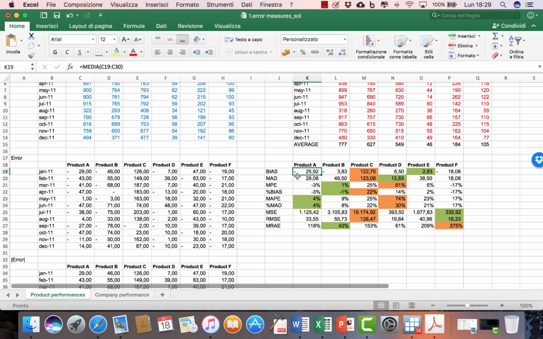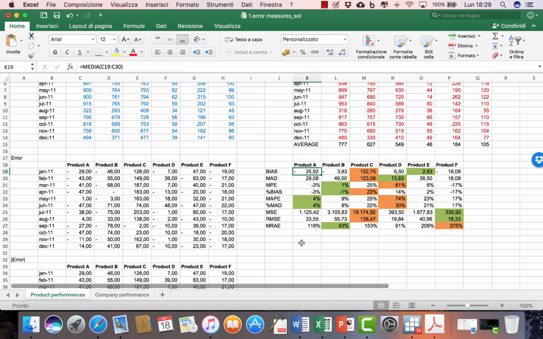And you can see that then for each indicator, you can evaluate which product is the best and which product is the worst in terms of forecasting. For example, the most bias in terms of units is product C, because it's overestimating the demand a lot. Product E instead is the best.